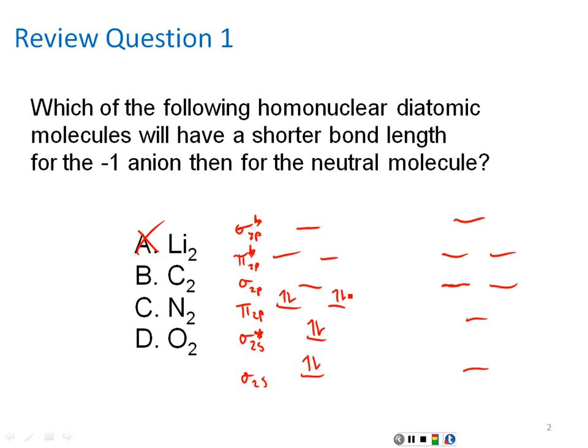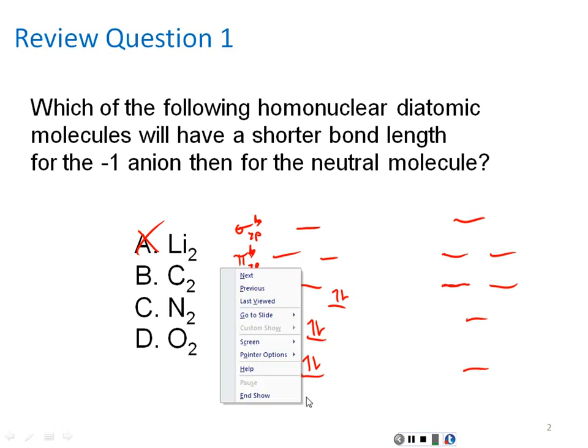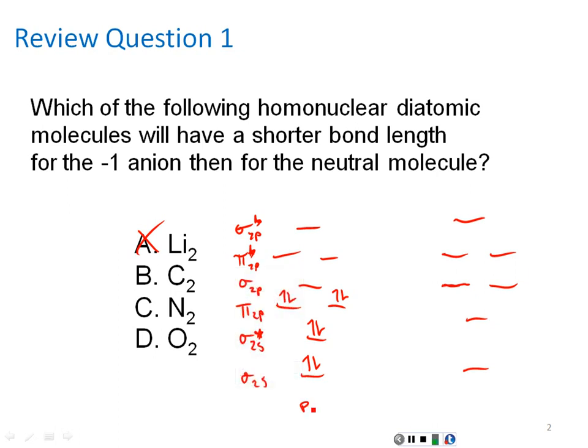So for C2, the bond order is going to be 2. For C2 minus, we add 1 electron. You see that it's added into a bonding orbital, so our bond order is going to increase, and that would be 2.5 now. So the C2 minus anion will have a shorter bond length than the neutral molecule.